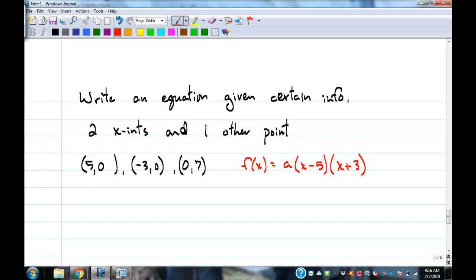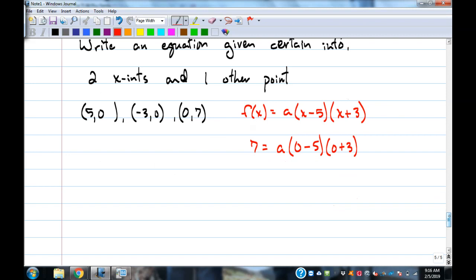But we don't know what a is. This is where the other point comes in. 0 is what, on this point, x or y? x. 7 is y. Oh, we could plug those in. Now the only variable left in my problem is what? a.